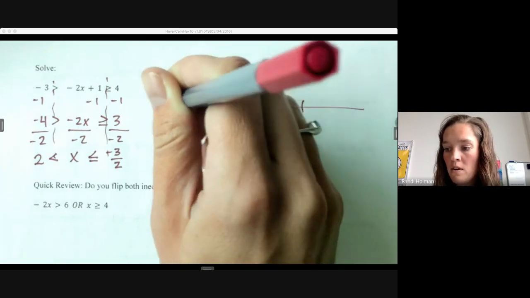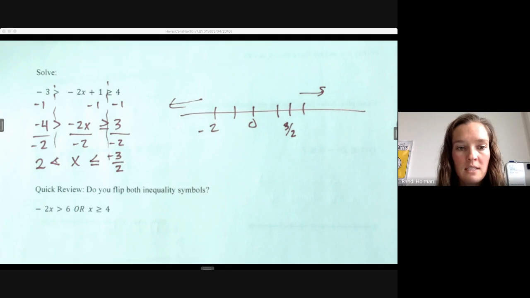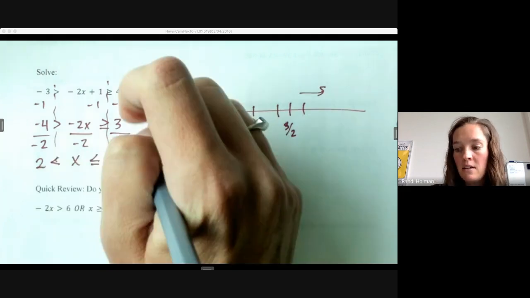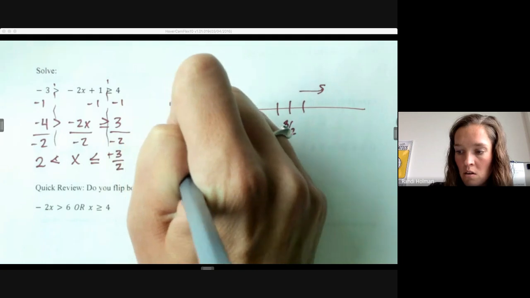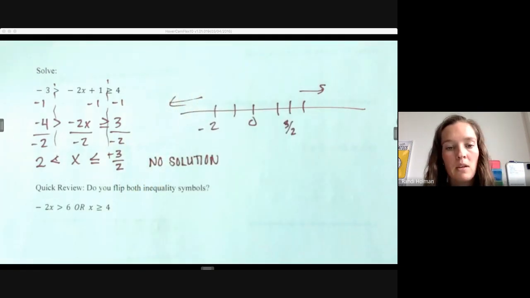Can I be over here and over here at the same time? Definitely not possible. So we ended up with this solution that's telling us this is happening, but it's not possible for those things to happen at the same time. So what we're going to say in this case is that there is no solution. There is nothing that can make both of those things true at the same time.